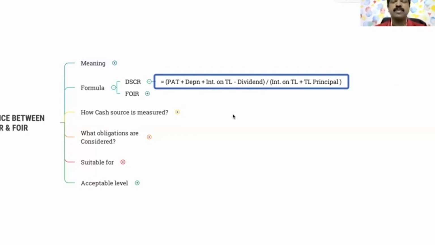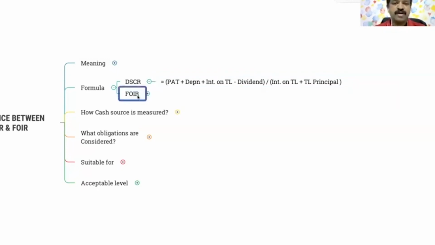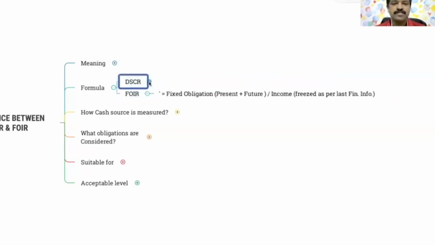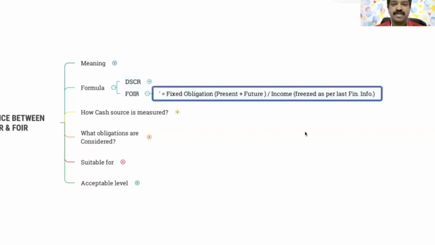So this will be calculated for each and every year so that the DSCR of each and every year can be understood and arrived at. Whereas FOIR, the formula is like this. It is fixed obligation divided by income. And when I say fixed obligation, it is the fixed obligation with regard to the present loans which are running and the future loans that are proposed.